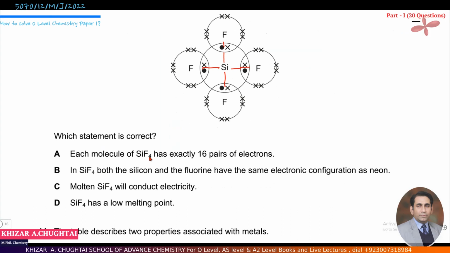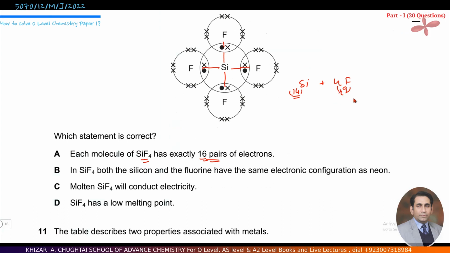Each molecule of SiF4 has exactly 16 pairs of electrons. Let me check the total pairs of electrons. Silicon plus 4F: silicon has atomic number 14, and each fluorine has atomic number 9.